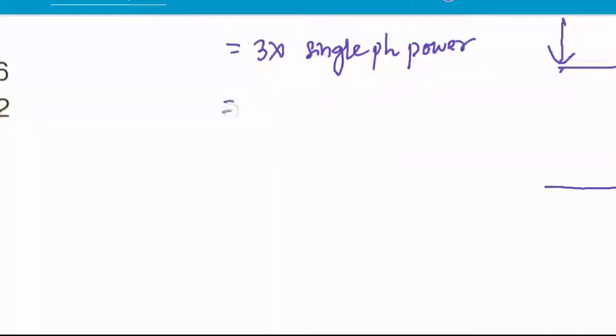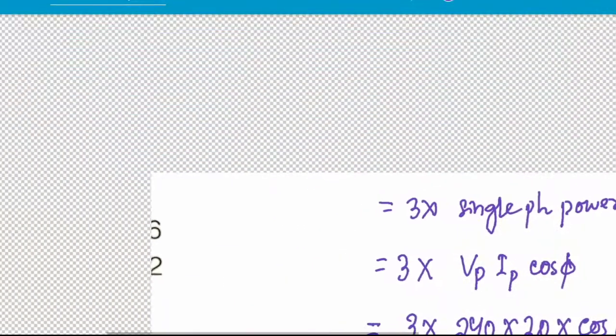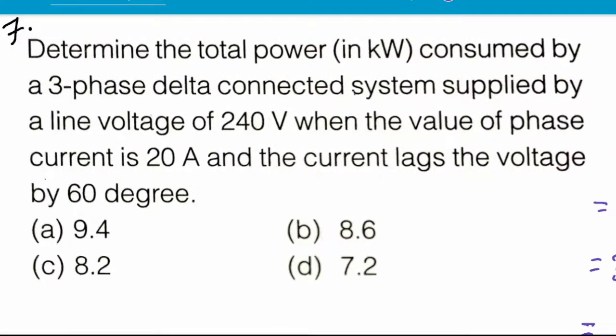and this will be 3 into the single phase power, which will be RMS voltage, RMS current, both phase voltage and phase current, and the power factor cos phi. This will be 3 into 240 given, 20 also given, and cos 60, 60 is given, the current lags the voltage by 60 degree.